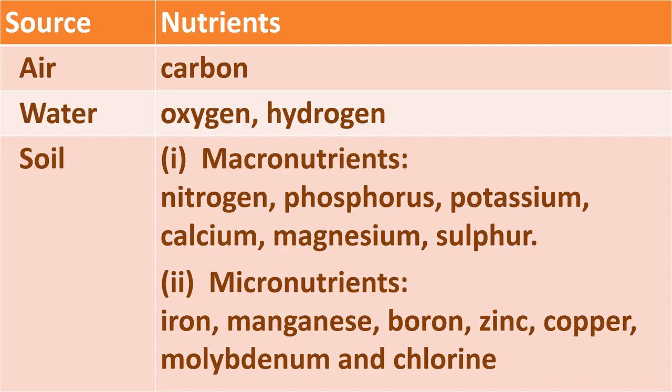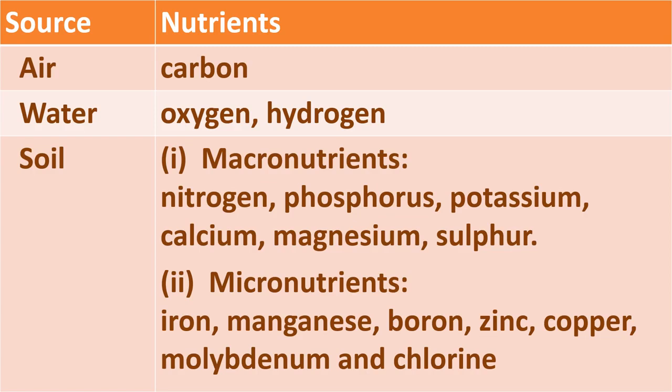Carbon is supplied by air. Next are oxygen and hydrogen. They are supplied by water. So total how many are there? 3.